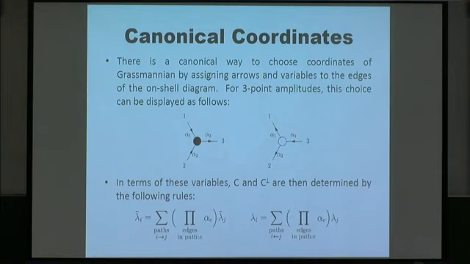Then in terms of these edge variables, you can determine what the C and C perp matrices are using the following rules. Essentially it boils down to summing over paths through your on-shell diagram.